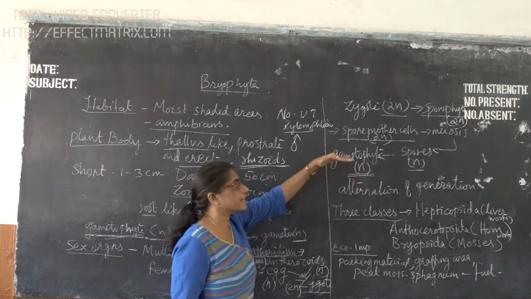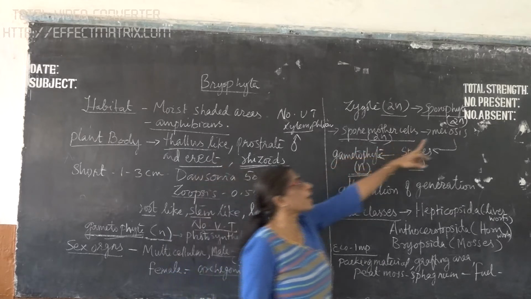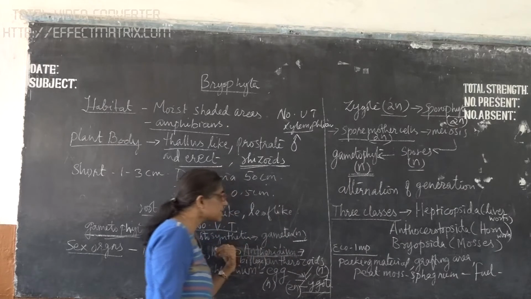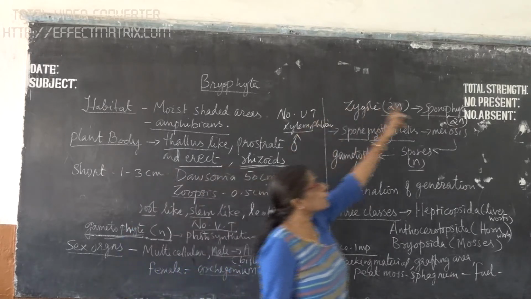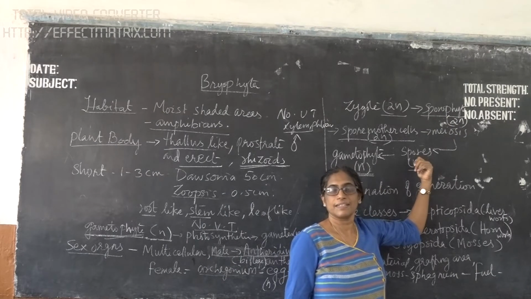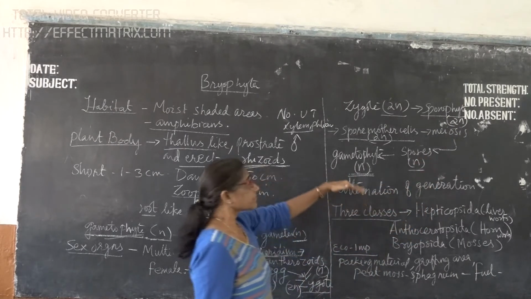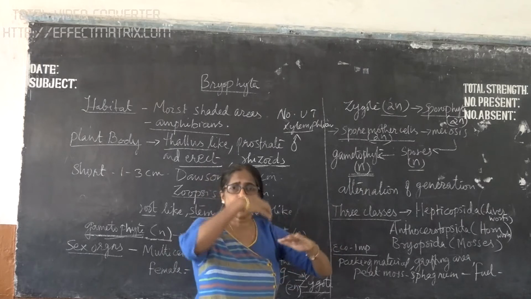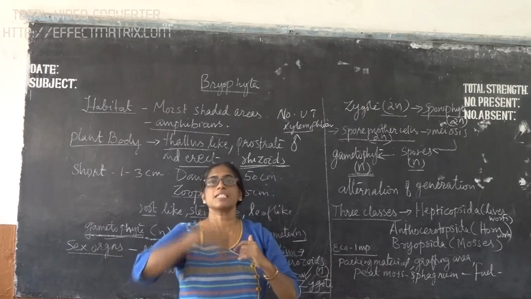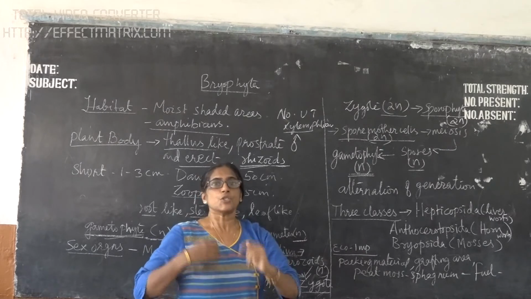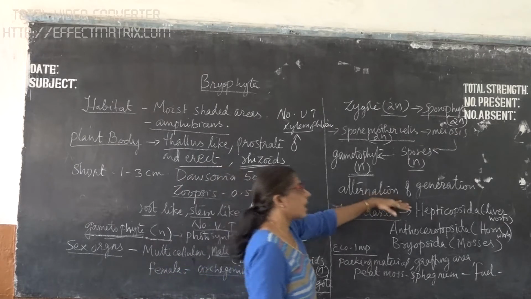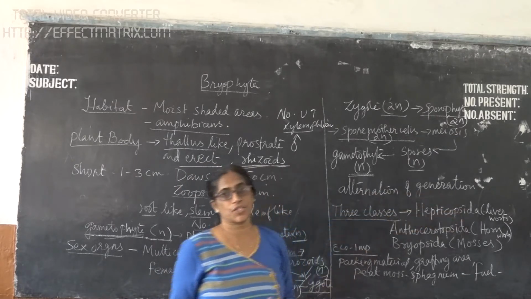The gametophyte is haploid and the sporophyte is diploid. The gametophyte produces gametes and the sporophyte produces spores. Understood? So these two stages alternate with each other, gametophyte, sporophyte. This phenomenon is called the alternation of generation.